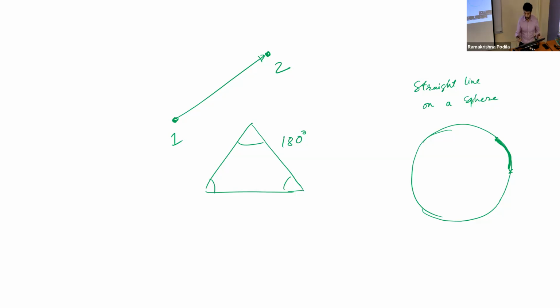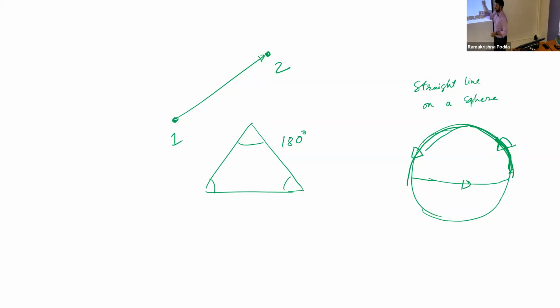So you walk like this, and you take a turn upwards, and then come back here again. Walk like this, go up, come back down. But now your straight lines are not like this. The straight lines are along the surface.